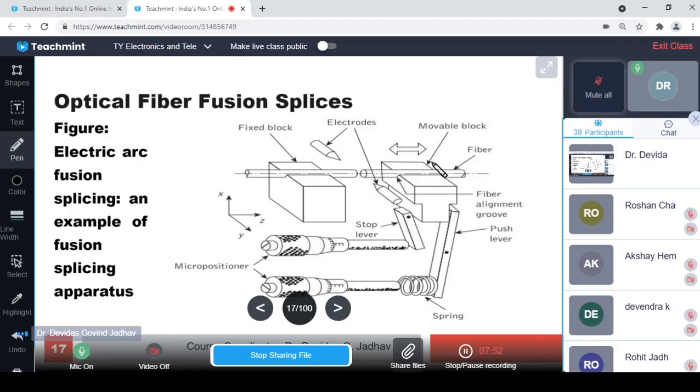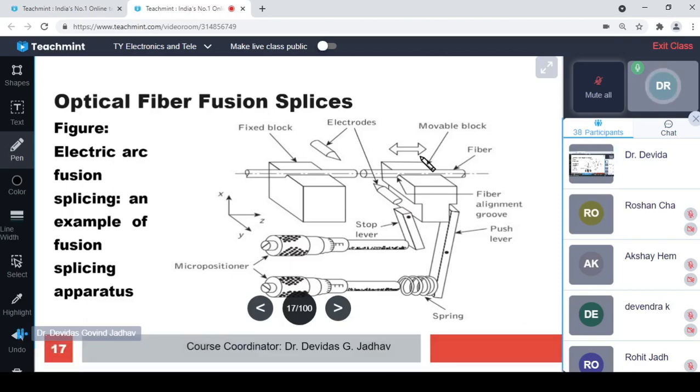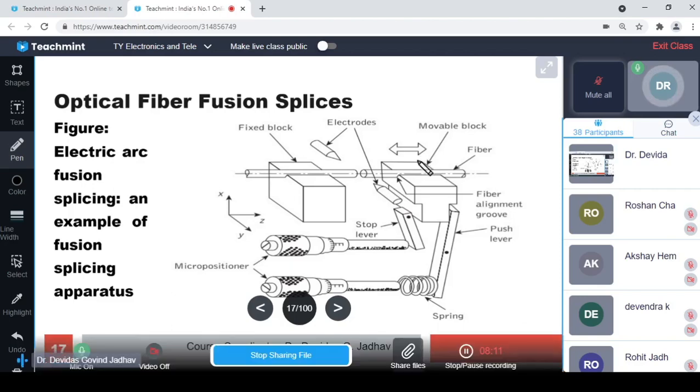The movable block adjusts the gap between the fibers to minimize it, as well as adjusting the alignment to remove all the lateral, longitudinal and angular misalignments, and that can be done with micro positioners and micrometer scales.